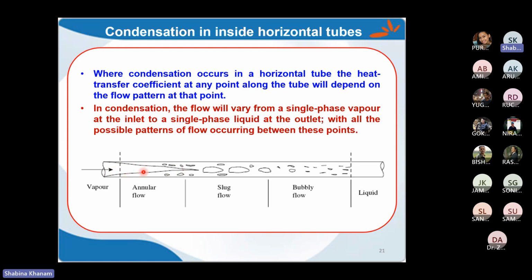The liquid will start accumulating at the inside periphery, and in between the vapor will remain. As further condensation proceeds, the annular formation will keep on depleting, and we have large bubble size, which we consider as slug flow.